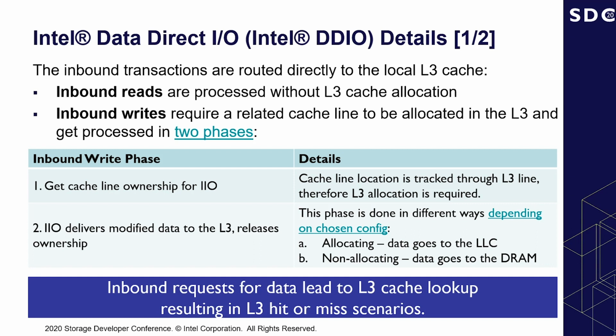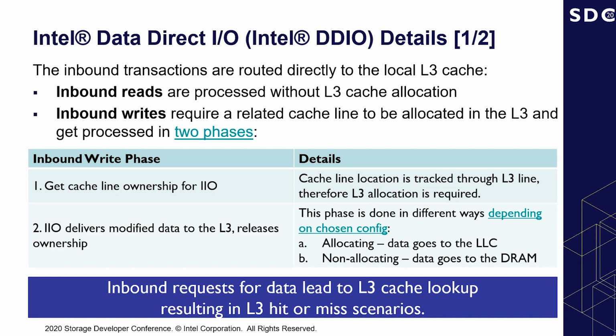So two things: there's an L3 cache lookup, but there is not an L3 cache allocation, right? This means that no cache line is being allocated and no data is being left behind in the L3 cache that wasn't already there. Now let's talk about inbound writes, because it is a little bit different.